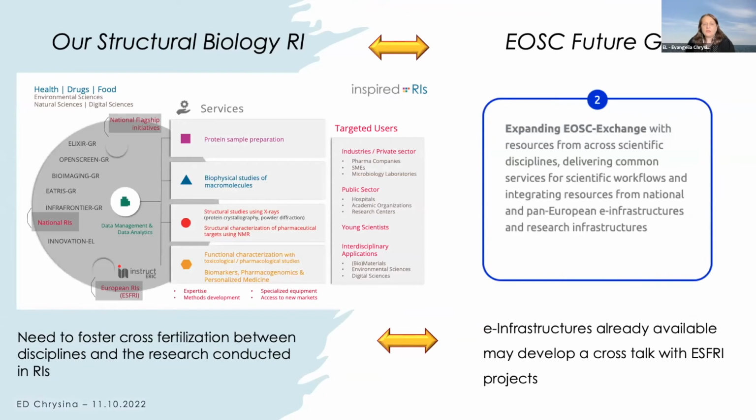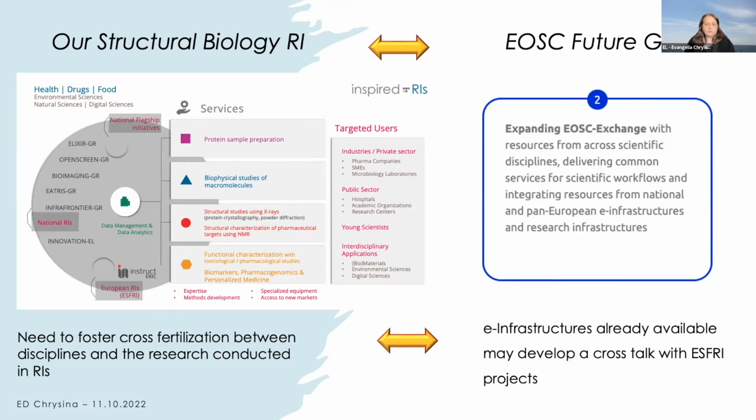When it comes now to the services provided, and I will use something that was said by the previous speaker, it's very important to try to find common ground and make the data interoperable and be able to understand what the opportunities for innovation are.